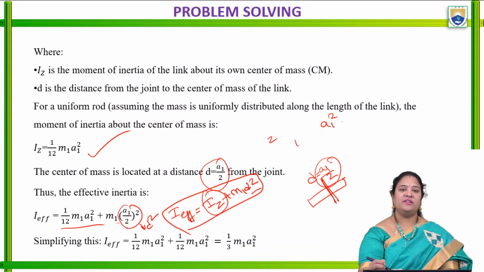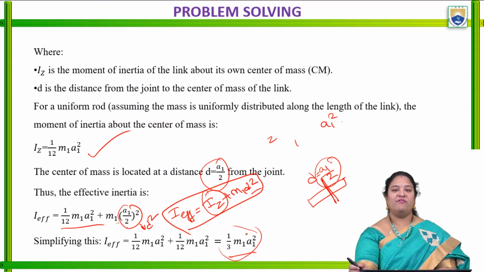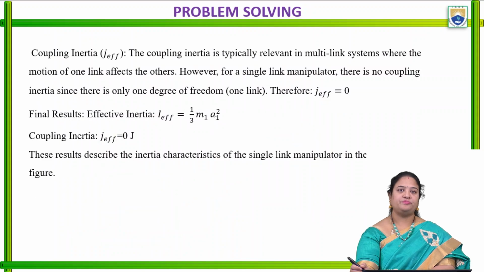When we simplify that equation, I effective is equal to 1 by 12 m1 a1 square plus 1 by 4 m1 a1 square, which overall is 1 by 3 m1 a1 square. That is, I effective is equal to 1 by 3 m1 a1 square.